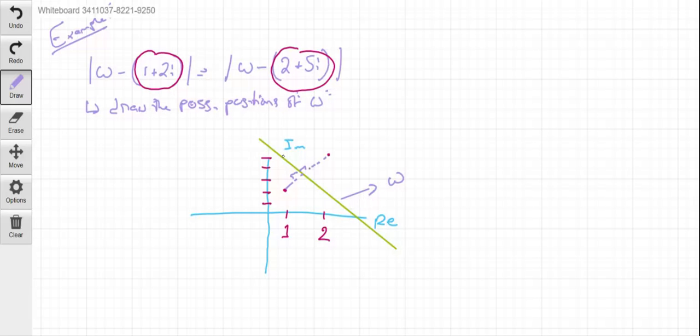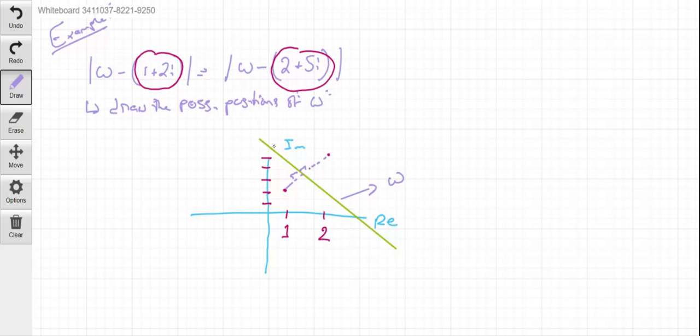And in your exam, you need to use the services of your ruler and pencils and compasses to draw this perpendicular bisector. So I hope you know how to do that using a compass. And if not, hopefully I will take the time to make a small video for this.